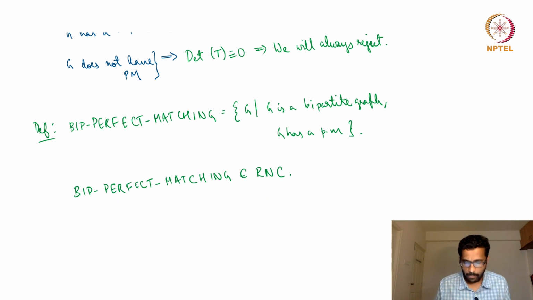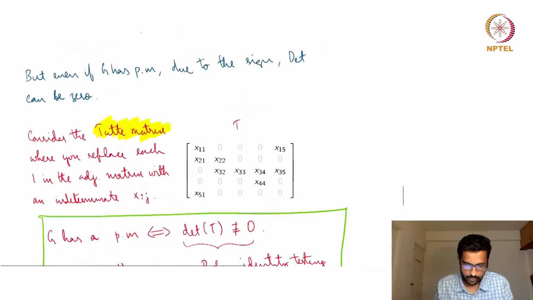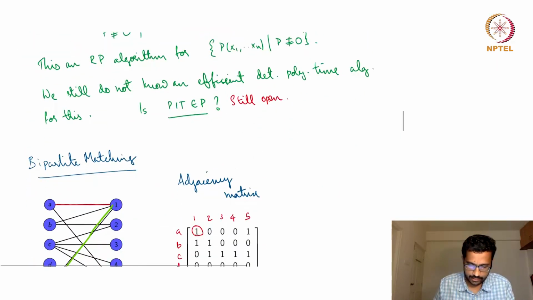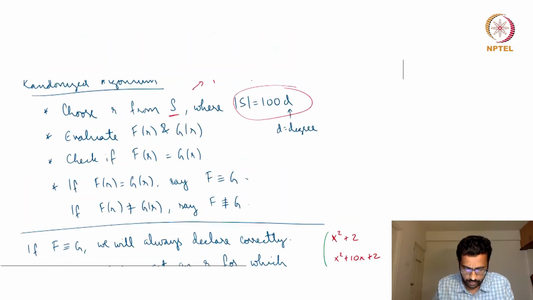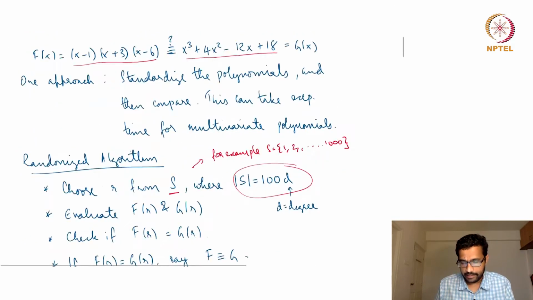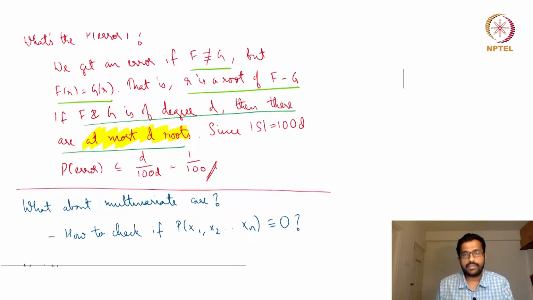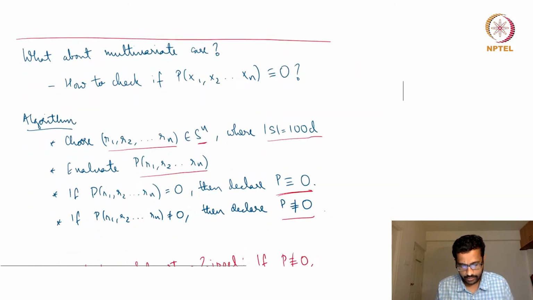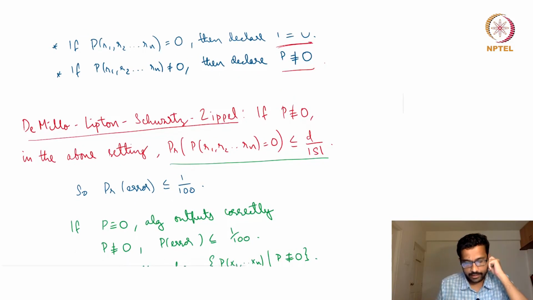I'll quickly summarize and then say some conclusions. So the randomized algorithm for polynomial identity testing was fairly straightforward, just substituting some random values. I stated the DeMillo-Lipton-Schwartz-Zippel Lemma, which says that the fundamental theorem of algebra generalizes in the multivariate setting also.